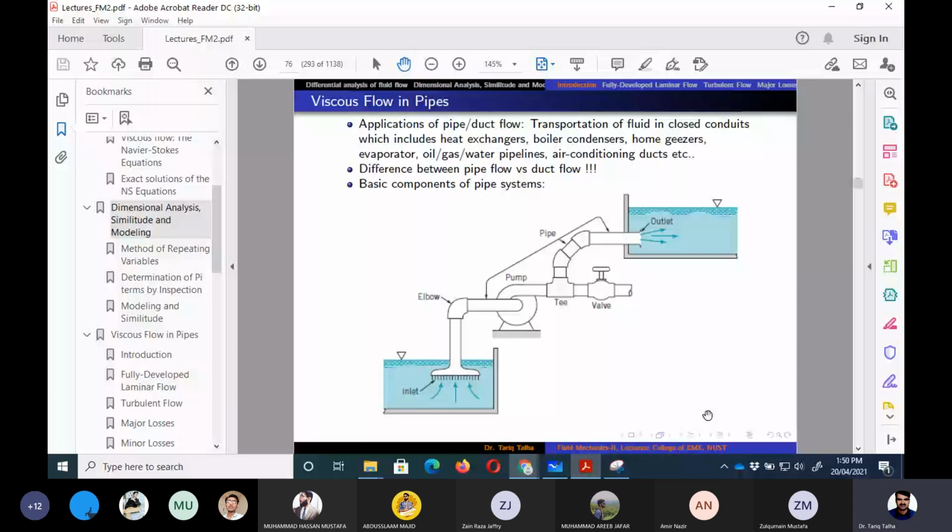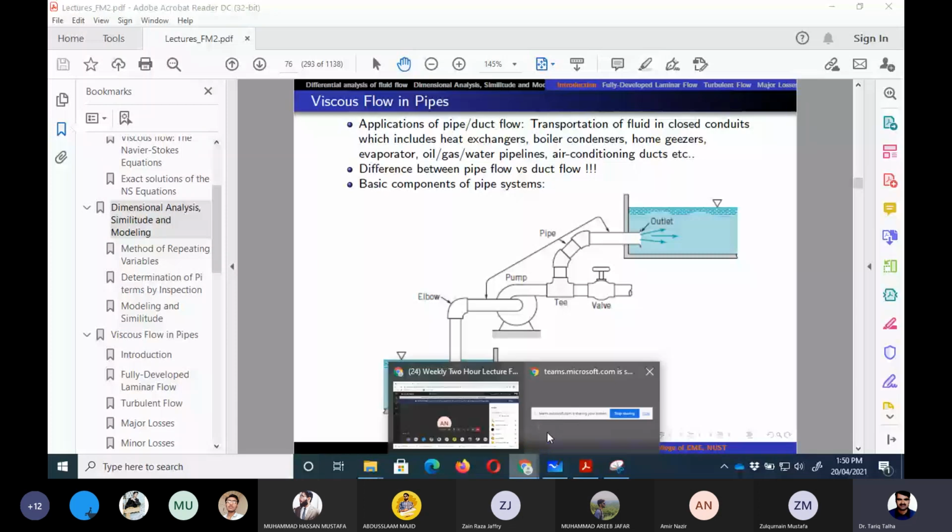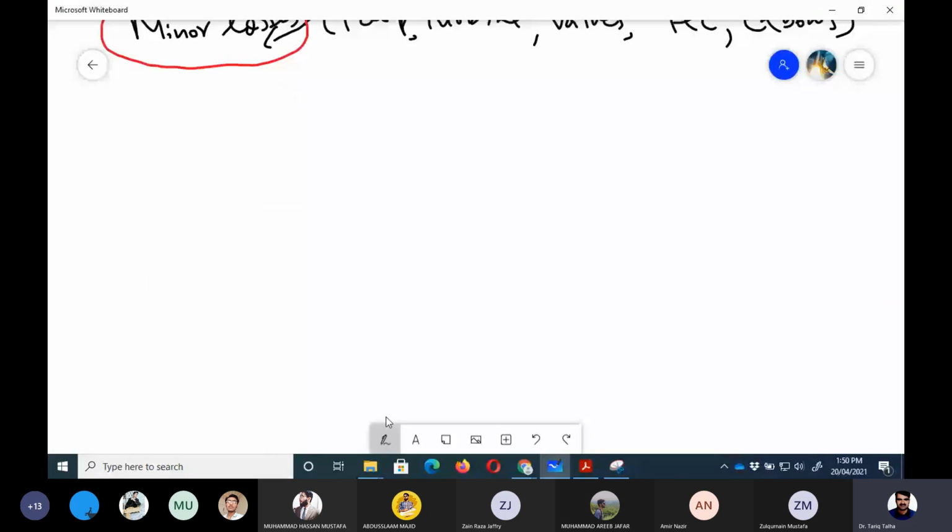So first of all, we need to characterize the flow in pipe. For that, we know that flow can be characterized as laminar, transitional, or turbulent, right?